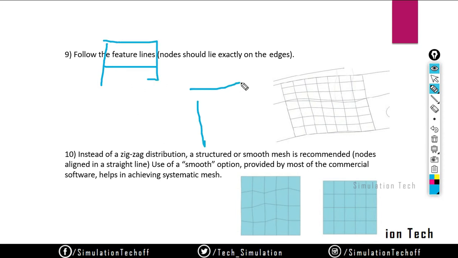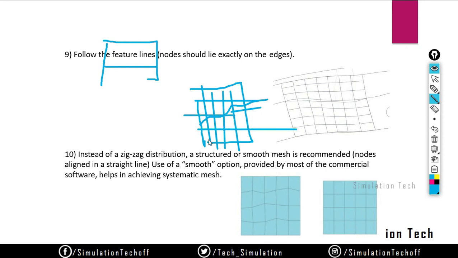When I have a structure like this, with a feature line like this, any split or whatever it is, if you create a proper mesh, it will be like that, like a grid pattern. But here my elements do not obey the feature line. This is not a good way of creating mesh. See here, an element is created, but there is a feature line over here.